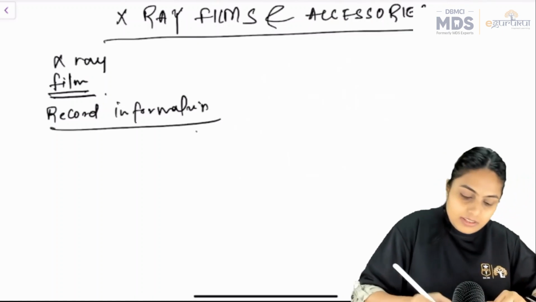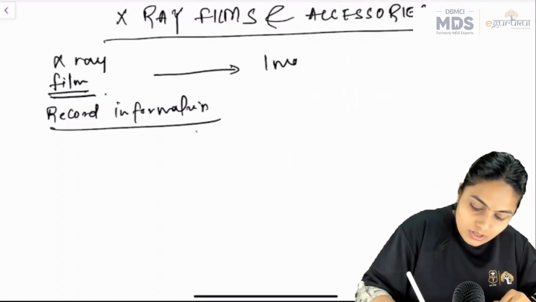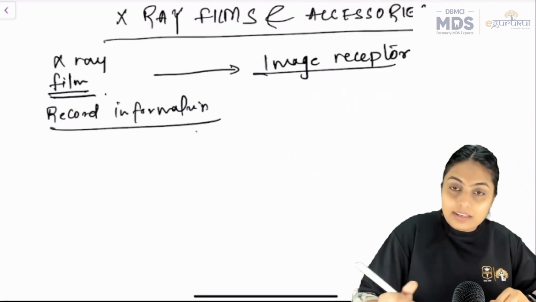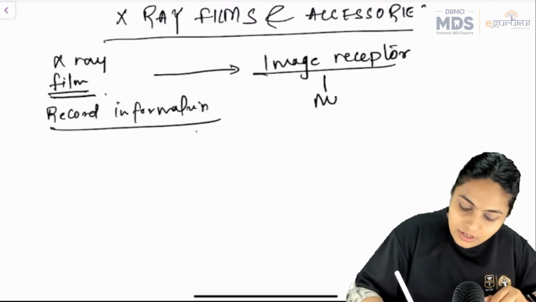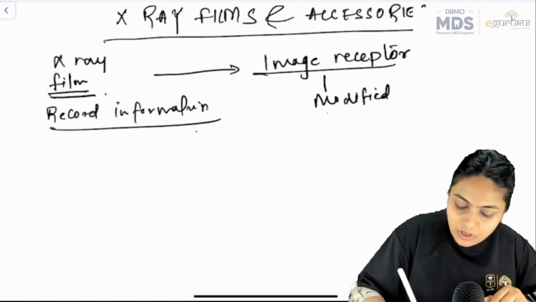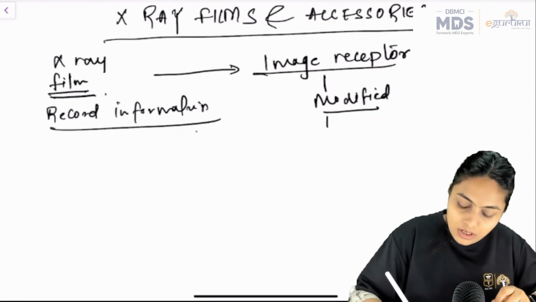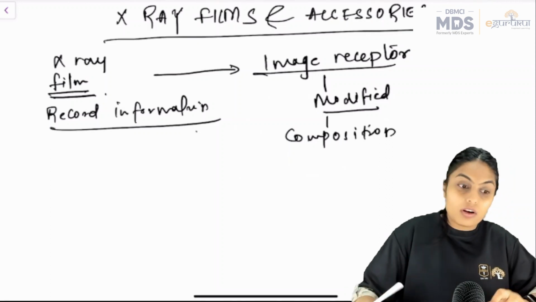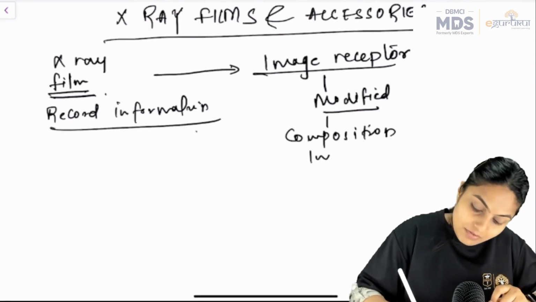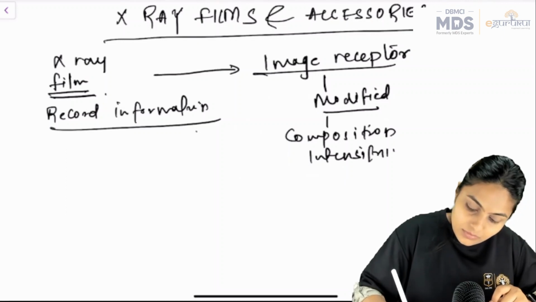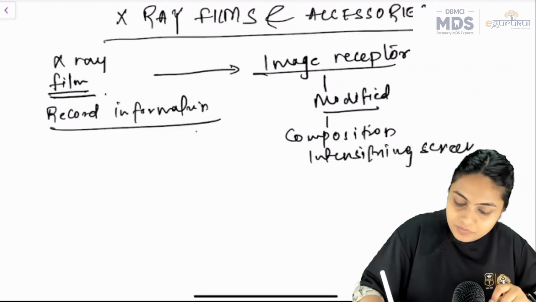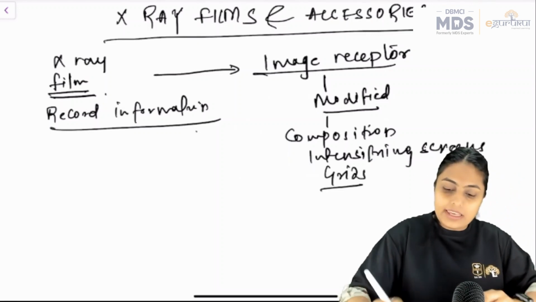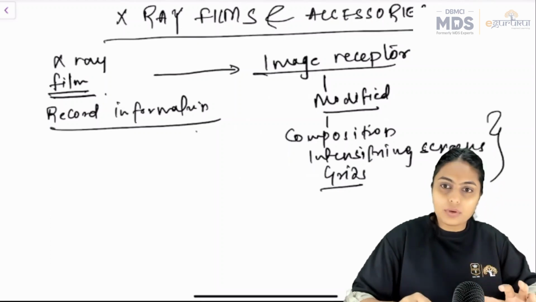X-ray film is just an image receptor, and this image receptor can be modified by changing the composition of the film, or by using intensifying screens and grids. So these all are the accessories that we are going to study.